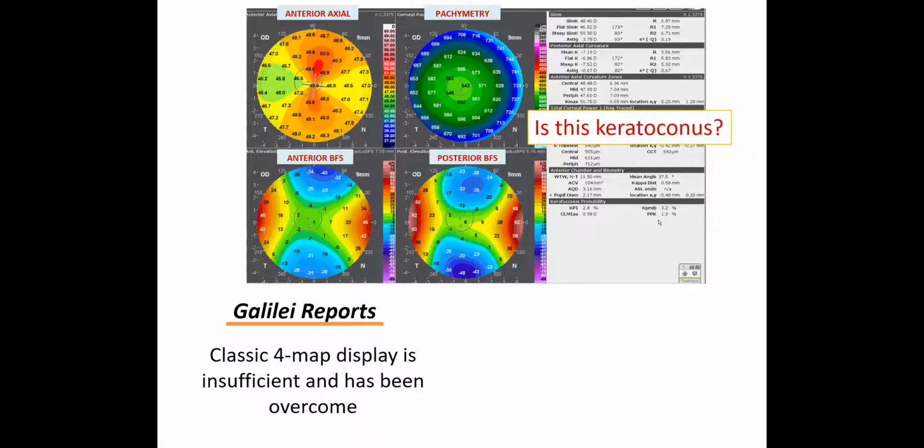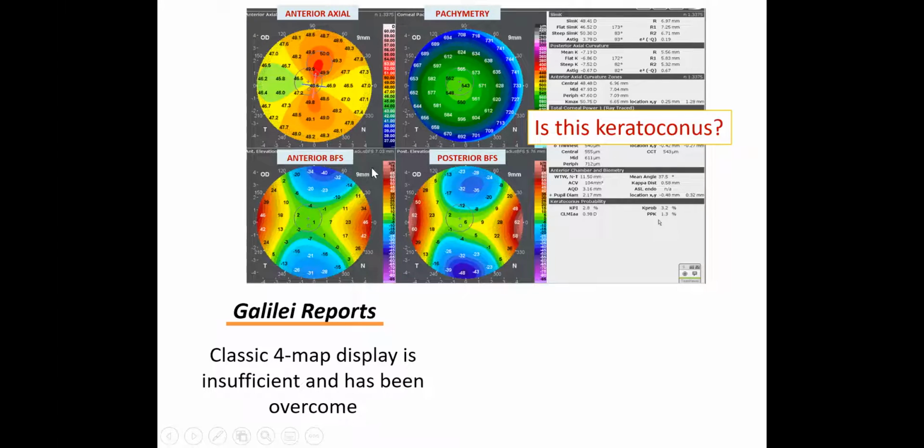Another example about scales and new maps and new presentations we have in the Galilei is this case. This case is a young girl, now around 34 years old, that I have followed for more than 10, 12 years.